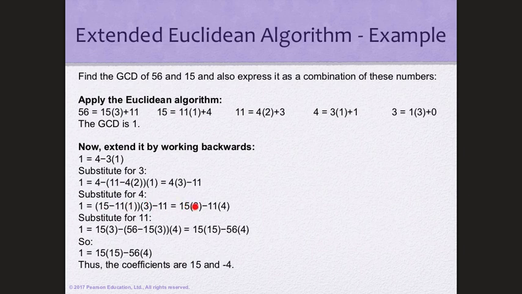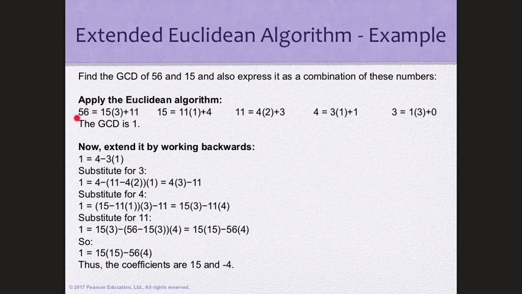Again, gather the terms together. You will end up with terms with respect to 15 and terms with respect to 11. And one more time, you substitute for the 11, because it's the remainder in the previous equation.